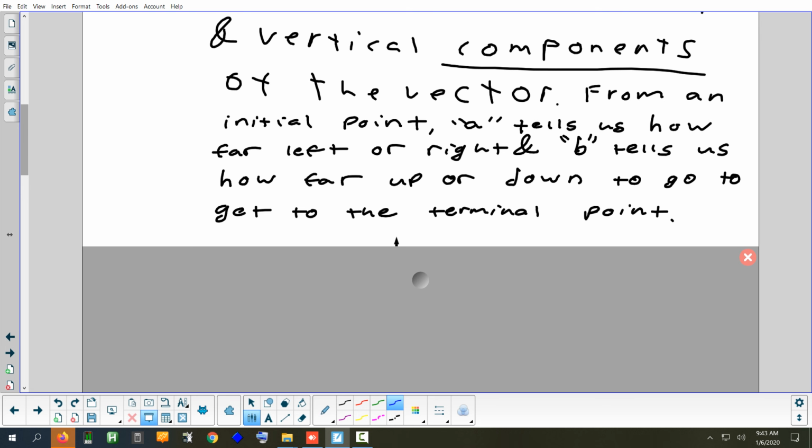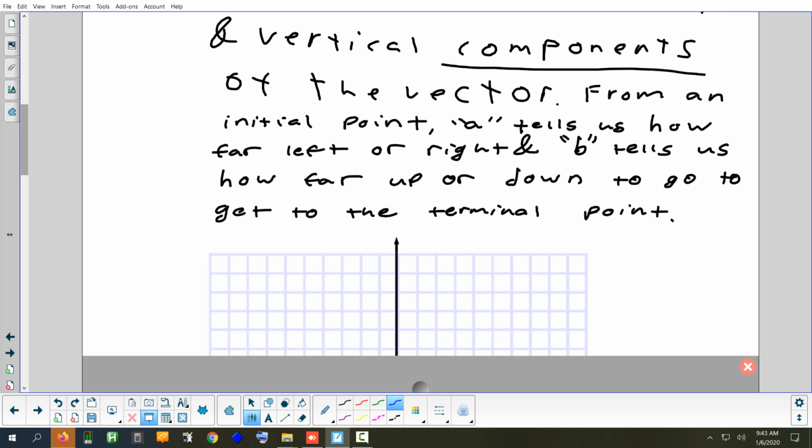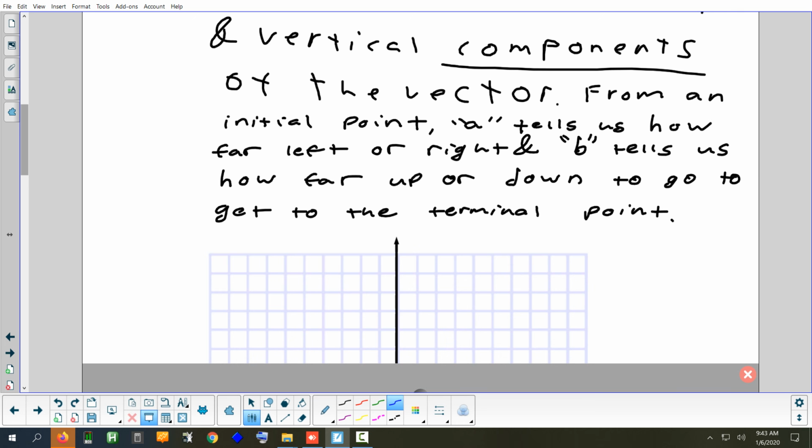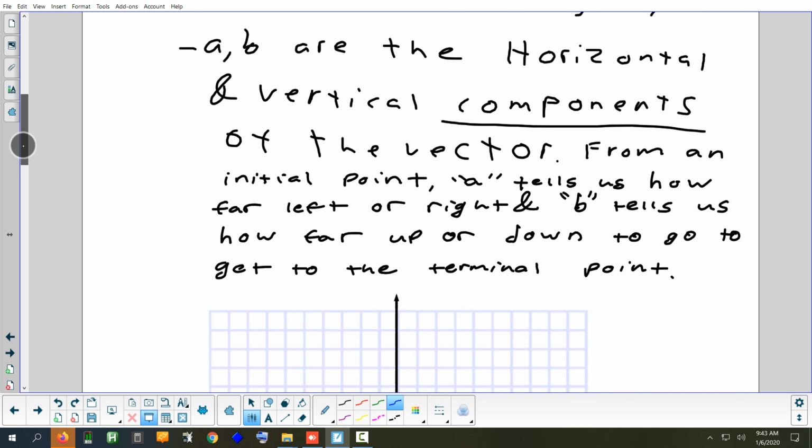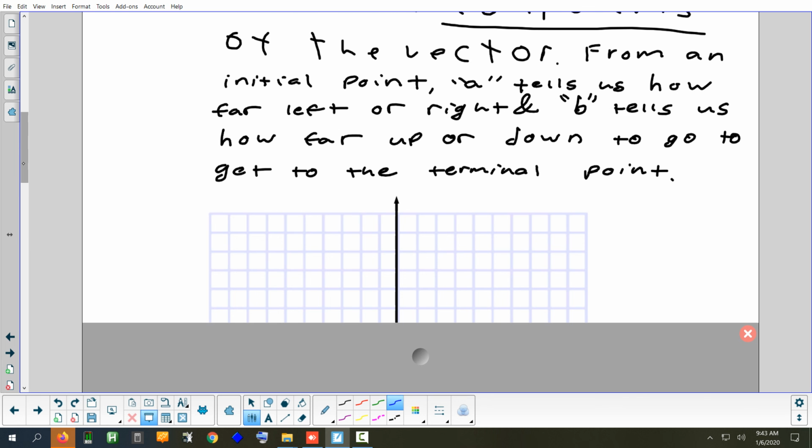And it's kind of like a coordinate in the sense right is positive, left is negative. And b tells you how many units to go up or down. Okay, so a and b are like directions. From the initial point, left and right, and then up and down.